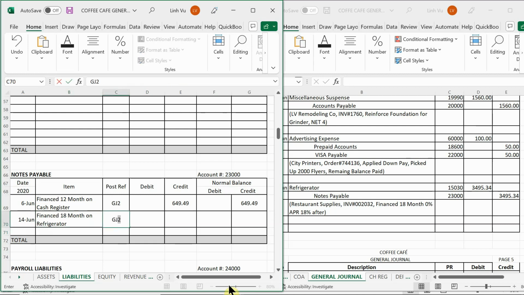Okay, general page 4 for a credit of $3,495.34. And that's going to give you a total notes payable of $4,144.83. Okay.